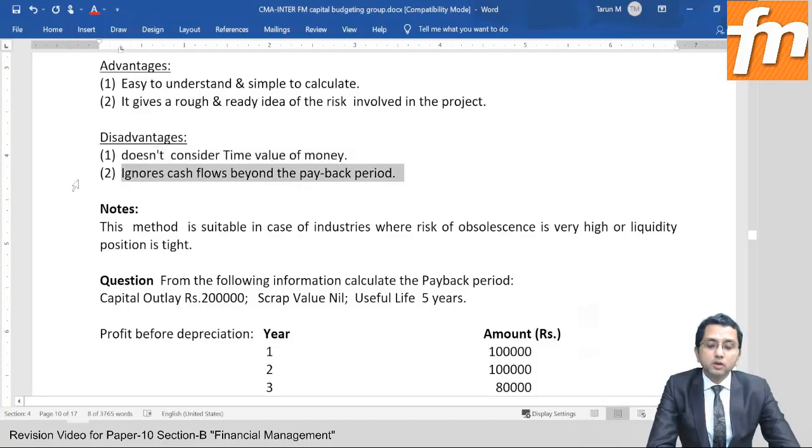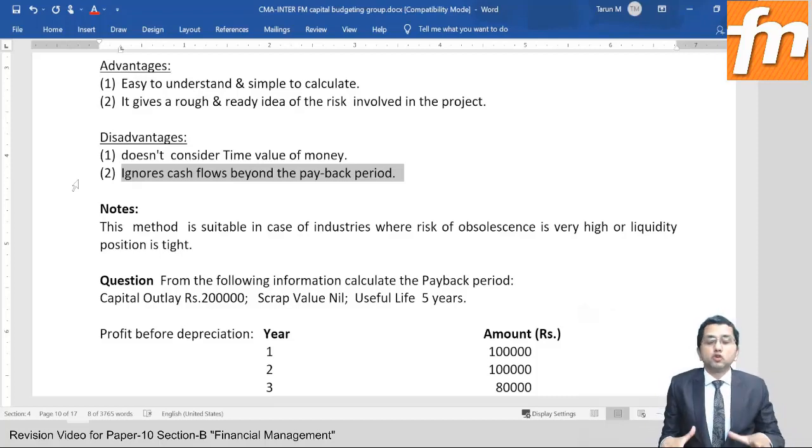Number two, it also ignores cash flows beyond the payback period. So once the payback period is achieved, rest of the cash flows are totally ignored. So suppose two mutually exclusive proposals, one has a payback period of 3 years, while the other has a payback period of little higher, 3.5 years.